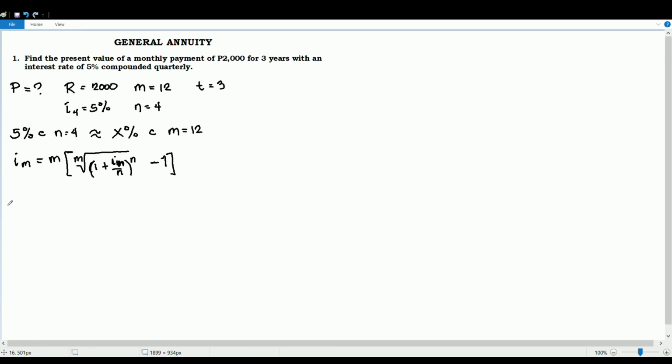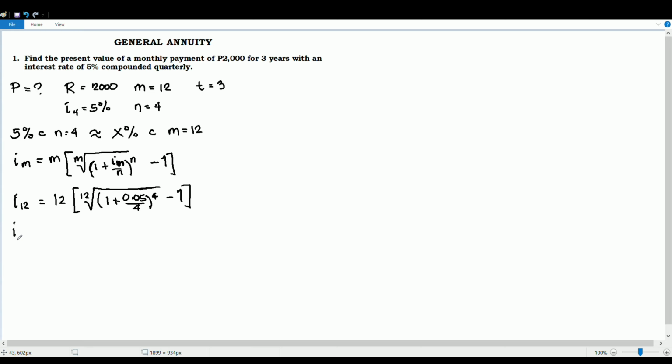So we are looking for I subscript 12, the rate in terms of 12 or monthly. So we have 12 times the 12th root of 1 plus our I subscript n, which is 5%, so that is 0.05 over 4, raised to 4, minus 1.